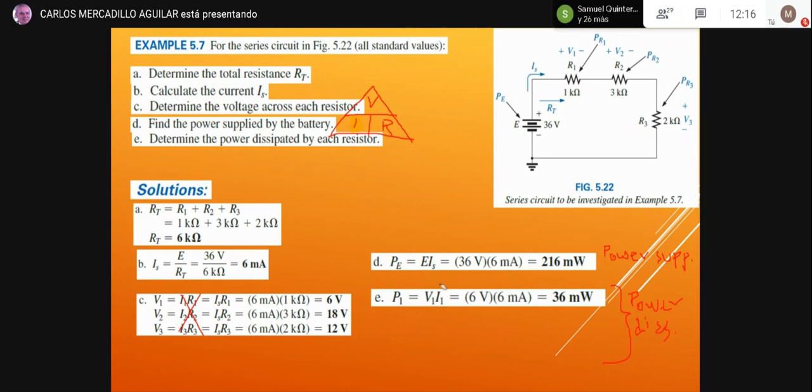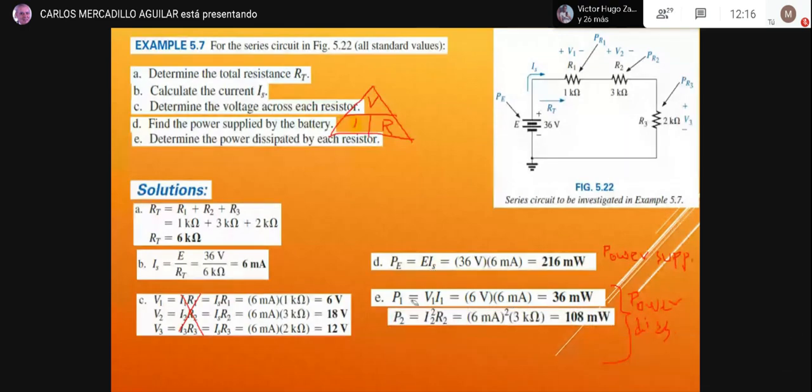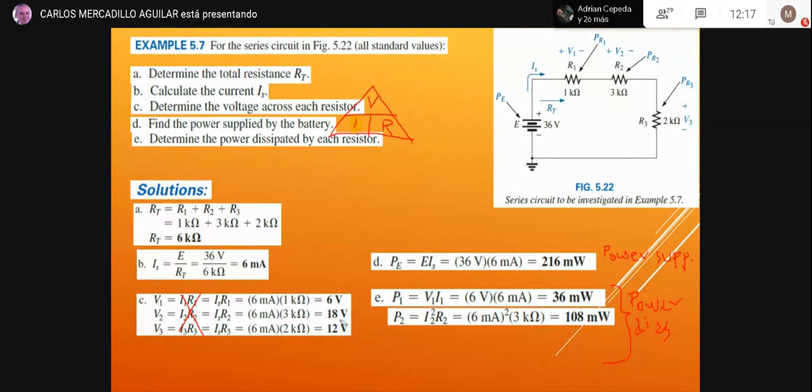Notice that in the first case, we are using this formula. 6 times 6 is 36 milliwatts. Milliwatts because these are milliamperes. In the second case, we could use the same formula: 18 volts times 6, 18 por 6, ¿cuánto da?